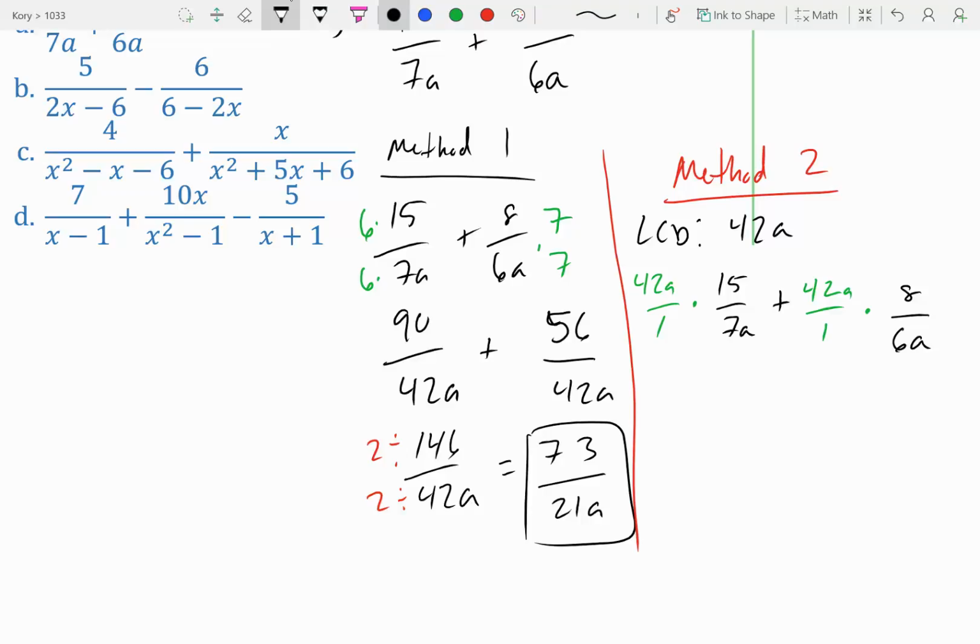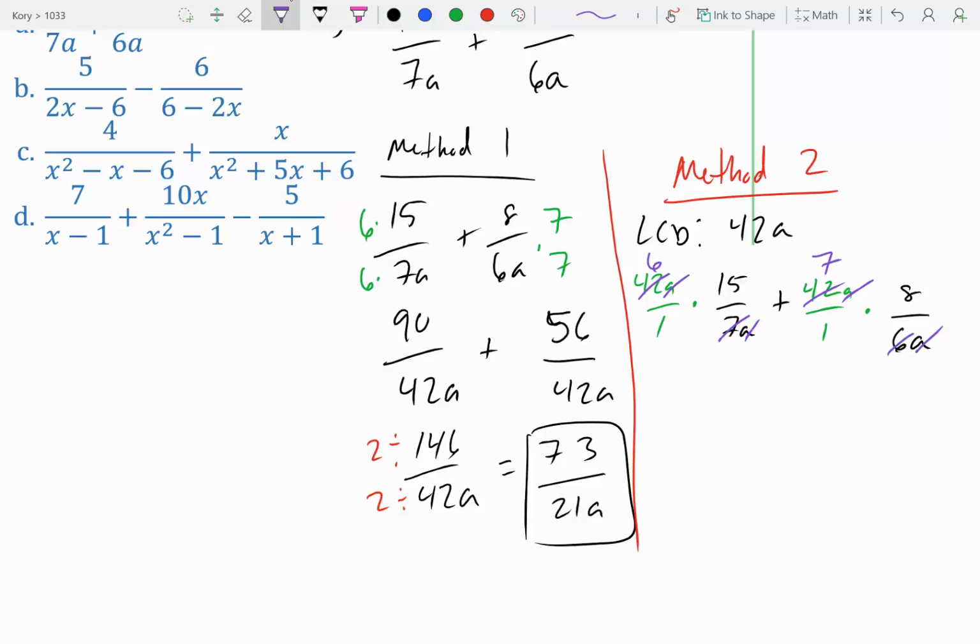And then we're going to cross simplify. So when we cross simplify, we're going to look for things diagonally that they share. Well, they share an a, and 42 and 7 go together 6 times. Now they share an a, and 42 and 6 go together 7 times.